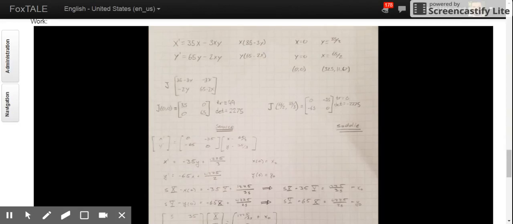So this is all of our work. We have our initial conditions up top with our equations, took the Jacobian, and then plugged in all of our equilibrium points for that.